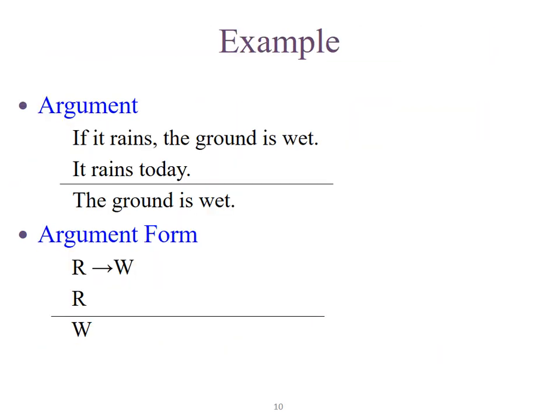Just like our example, if we define rain by R and ground is wet by W, so we can rewrite the original argument to: if R then W, and R, the conclusion is W. Okay, so we call this argument form because we translate the original English sentences to compound propositions or propositional variables.